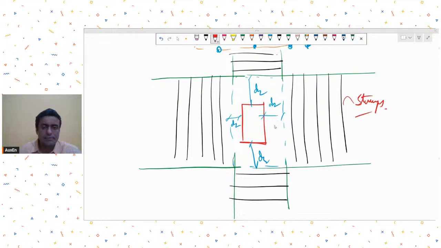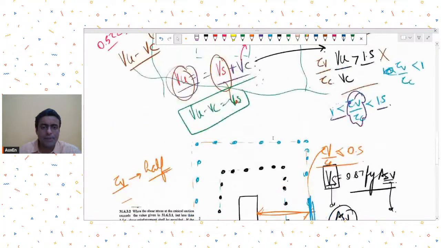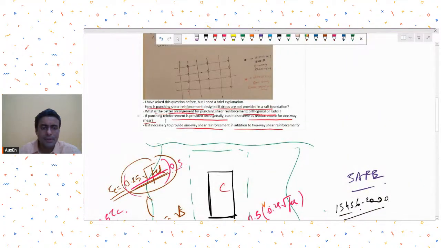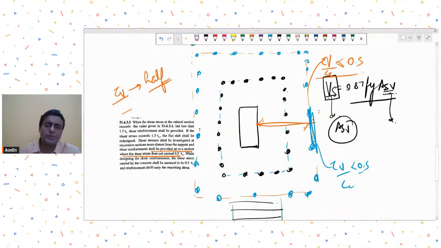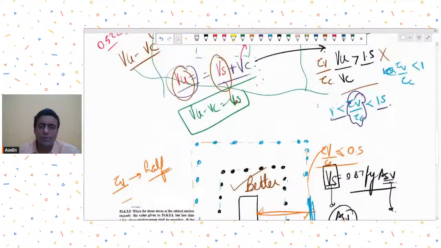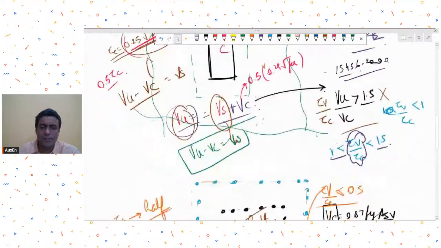So now the question is, which is better, punching reinforcement orthogonal or radial? I'm not sure which arrangement you are calling orthogonal, and which arrangement you're calling radial. But in my opinion, this is the better arrangement when it comes to punching shear reinforcement. Why so?